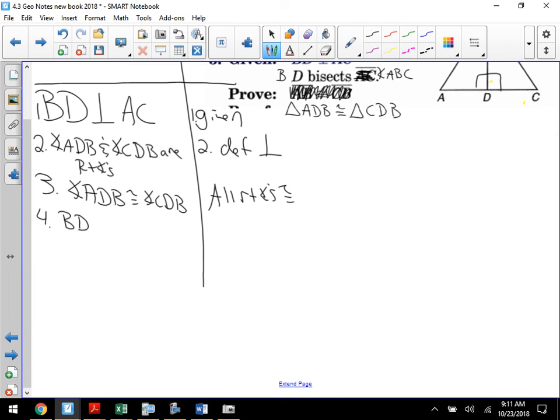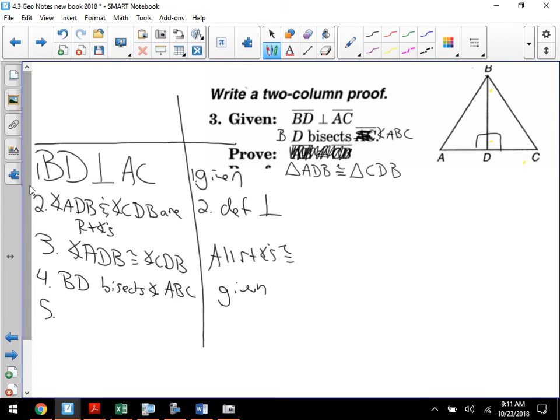BD bisects angle ABC. What does an angle bisector do according to your progression sheet? Angular congruency. Which two angles are created that have to be congruent?